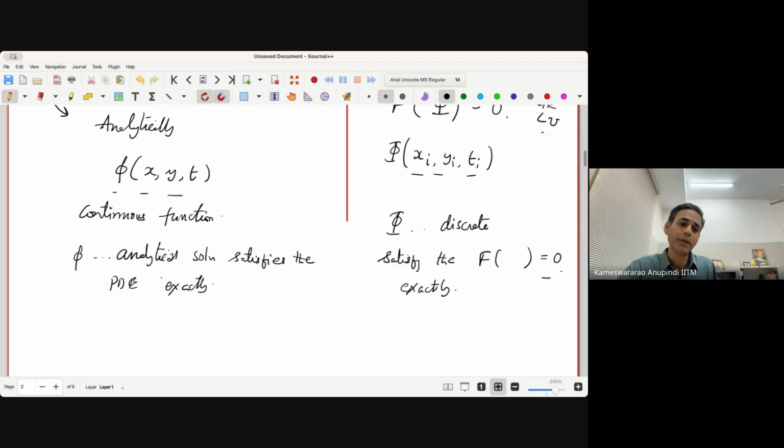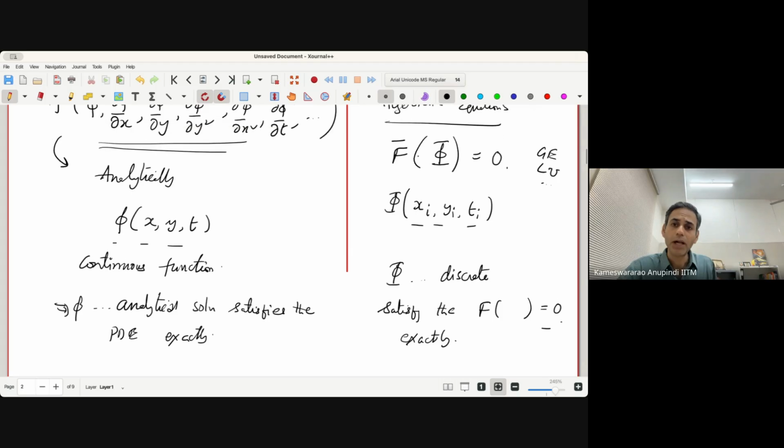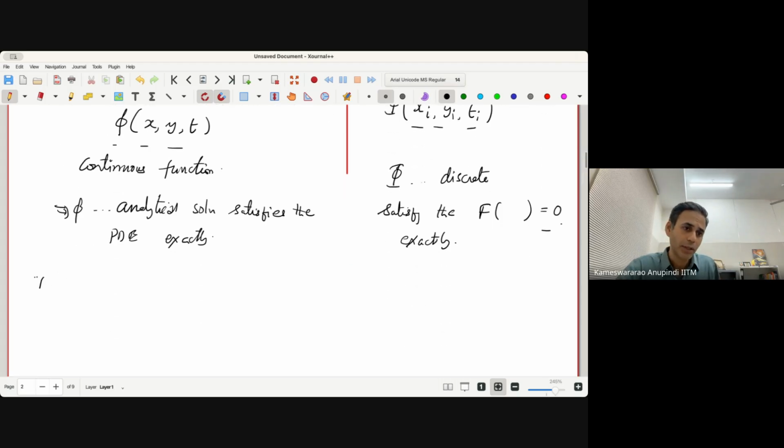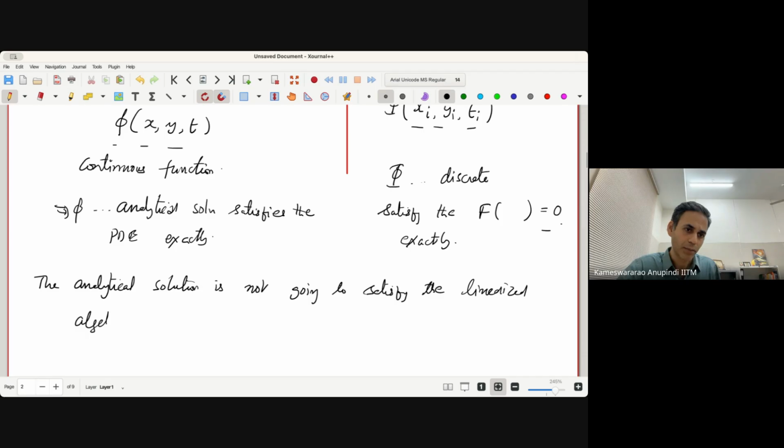However, this analytical solution is not going to satisfy the algebraic equations I have, the linearized or even otherwise the linearized algebraic equations, right?